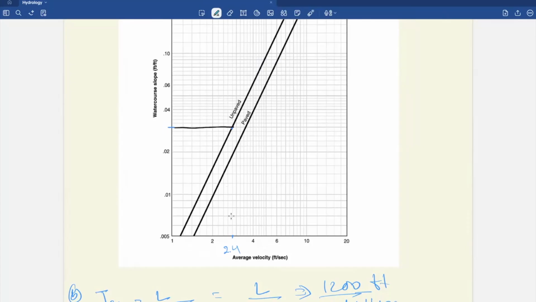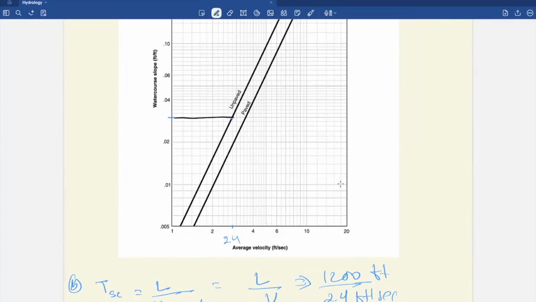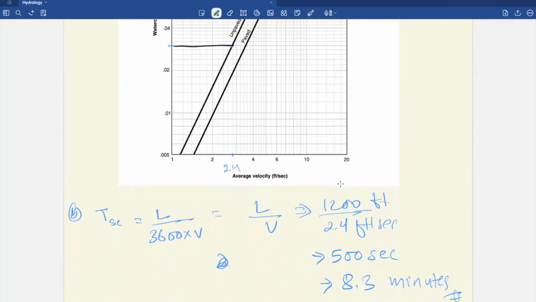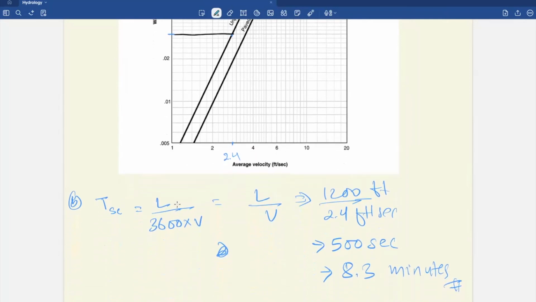And when we go down, it will be around 2.4. For computation of time of concentration, it will be length divided by velocity. Since we don't need the time of concentration in hours, we will be using just L by V. Our L is equal to 1200 feet and our V is equal to 2.4, so it will be around 500 seconds.